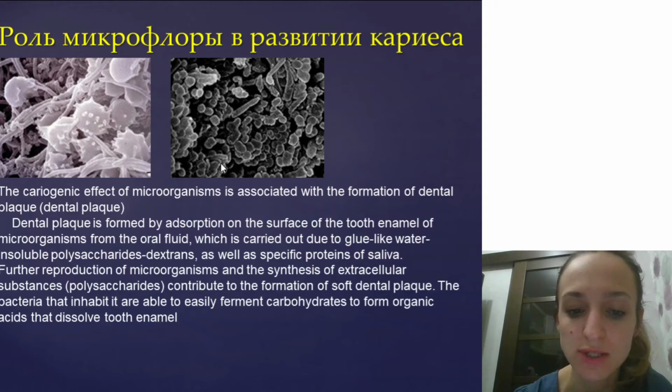Streptococcus mutans, salivarius, mitis, and their amount is above 40% of all plaque microorganisms. Streptococcus mutans is the most cariogenic microorganism. It produces lactic acid out of glucose and forms glycan out of sucrose.